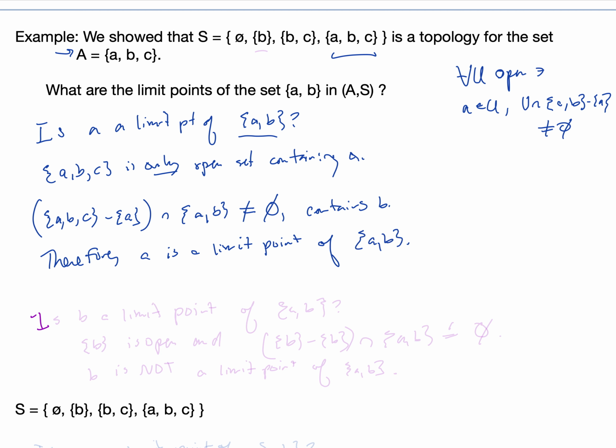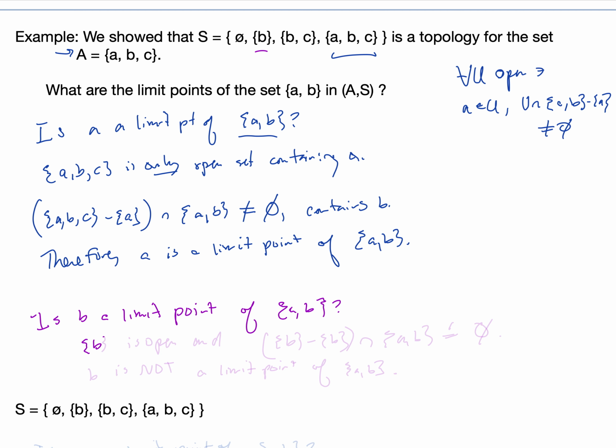Now, is b a limit point of {a, b}? Here we have more open sets to select from. The set containing just b is an open set containing b.